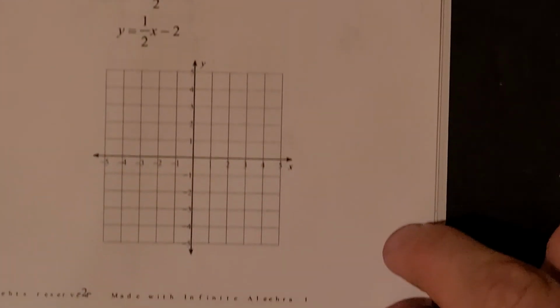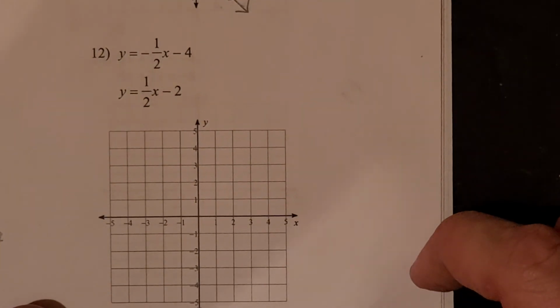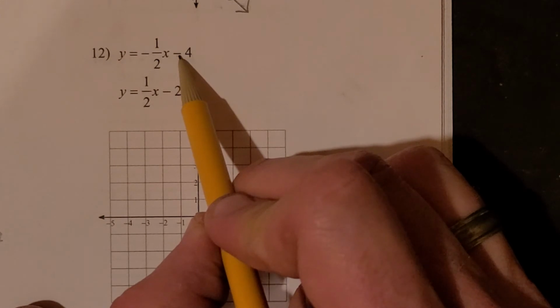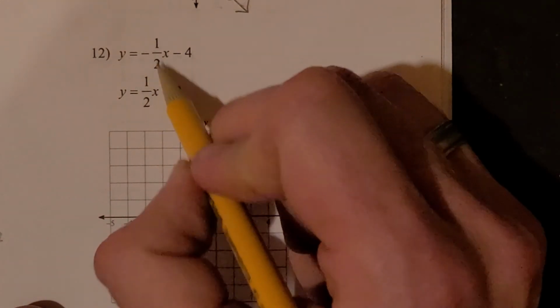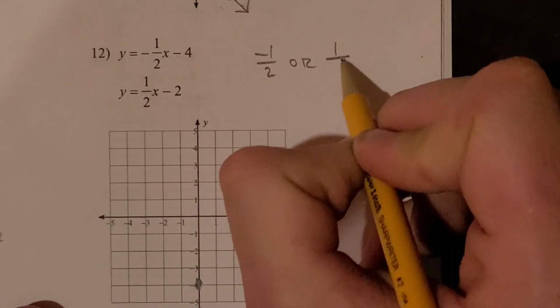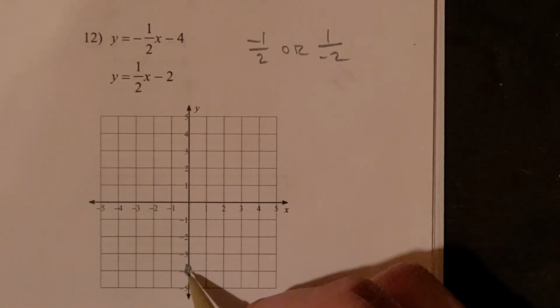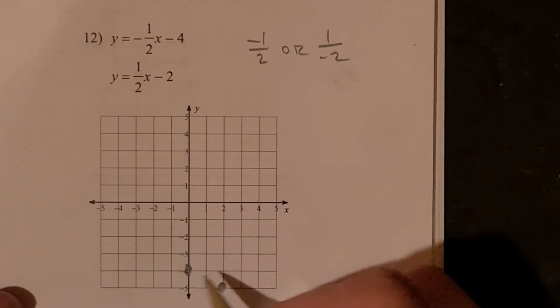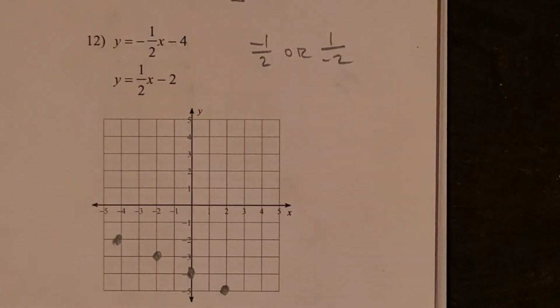All right, let's finish this last one, and then we will call it good. 12, starting with -4. And then I have a slope of -1 over 2. Or you could think of it as +1 over -2, same thing. So you're either going down 1, right 2, or up 1, left 2, all on the same line.